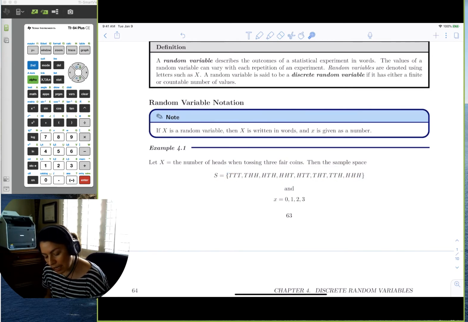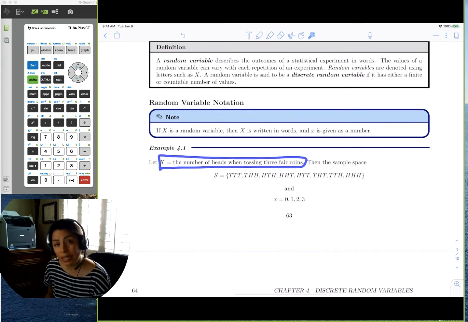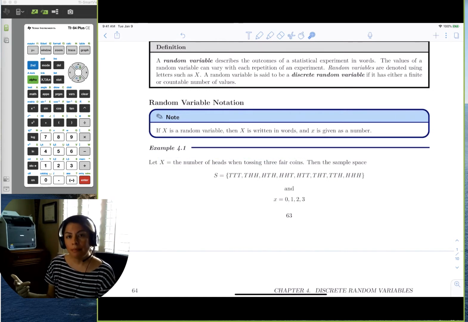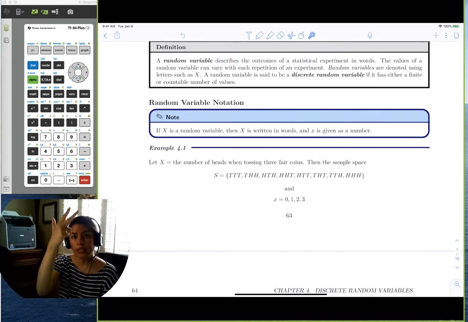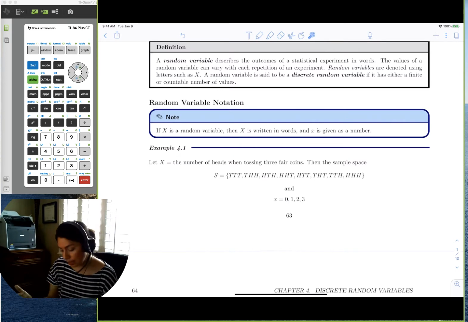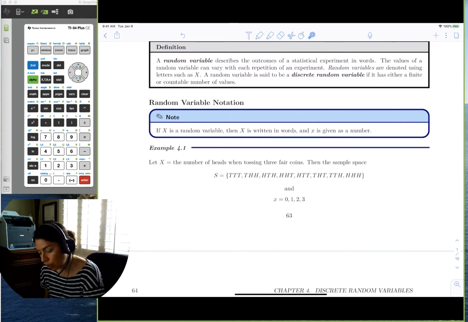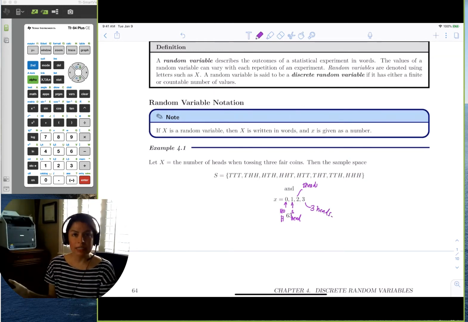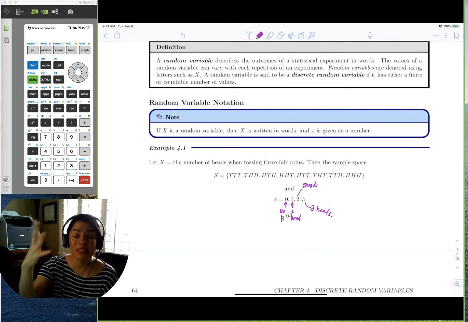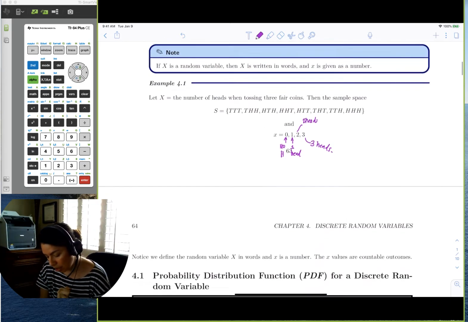Well, if I want to say that the random variable is the number of heads when I toss the coins, that means I could get no heads, 1 head, 2 heads, or 3 heads, and therefore little x would be that event: 0, no heads, 1 head, 2 heads, or 3 heads. So the random variable tells us the event, and then we have to see what kind of events we have. And that's the little x.